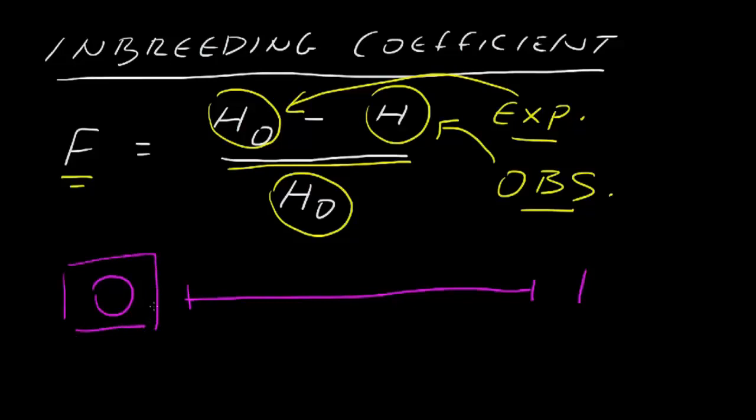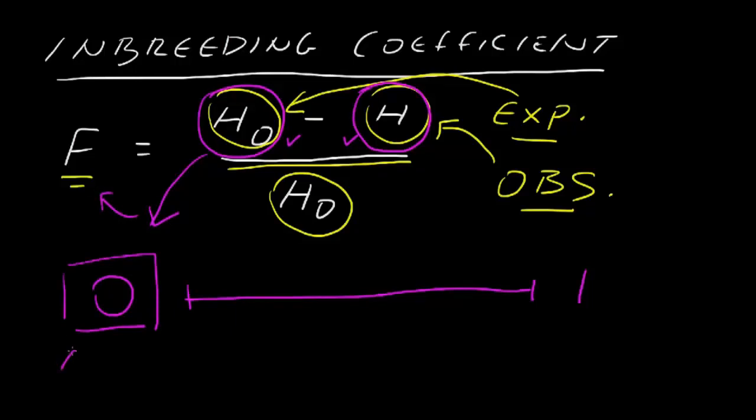Well, if we had a 0 value, that would mean that the number we expect in our population is actually the number observed in our population. So if we had a 50% expected rate of heterozygotes and 50% actually observed, then the numerator becomes 0, and when that happens, our F statistic becomes 0.